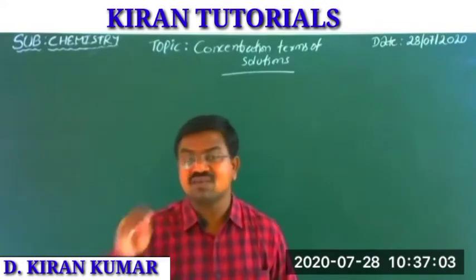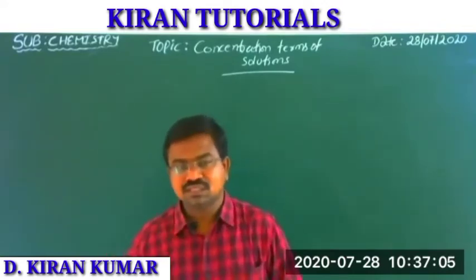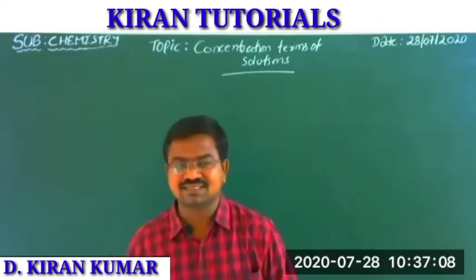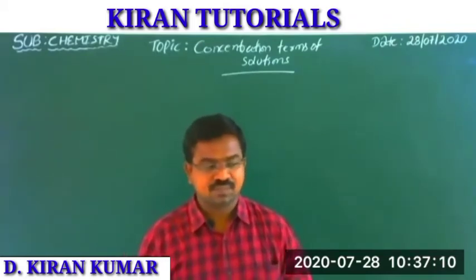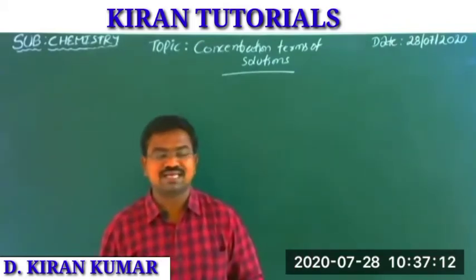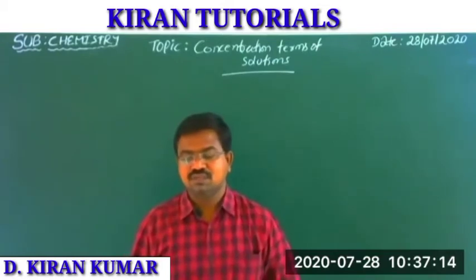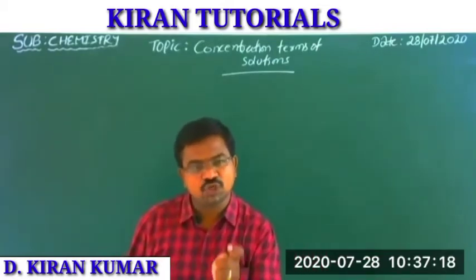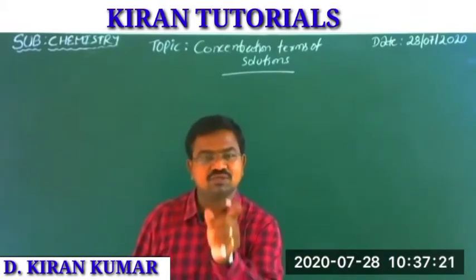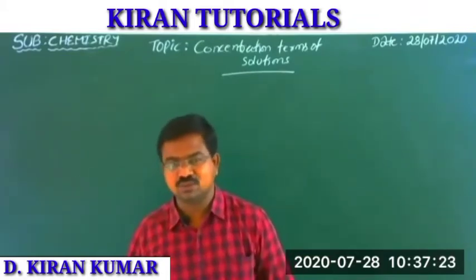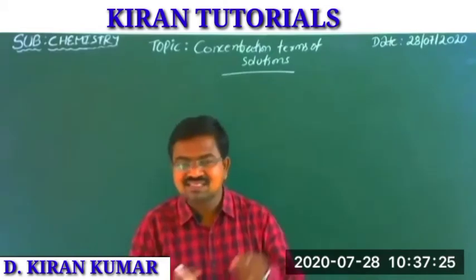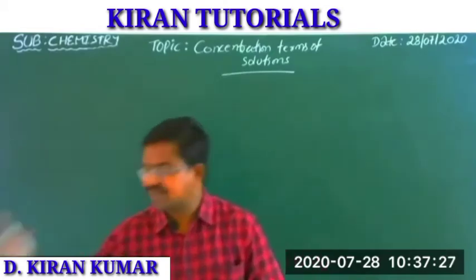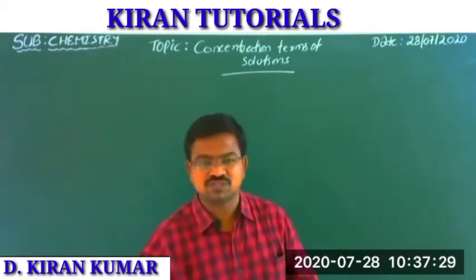But if you know the concentration of the solution, that solution is called a standard solution. So what is a standard solution? The solution of known concentration is called a standard solution. By comparing with this standard solution, we can identify the other solutions' concentrations.